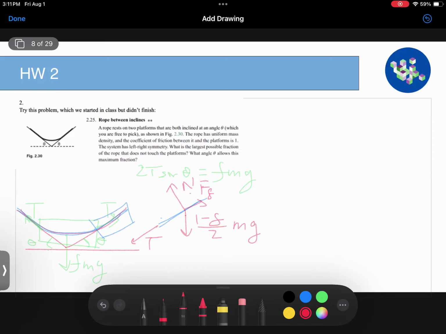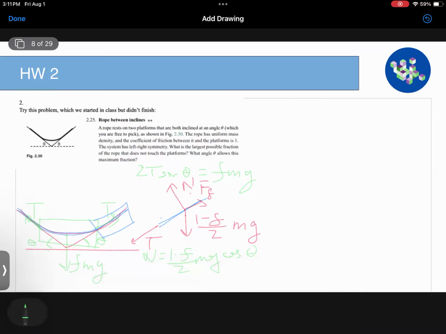If I want to do force balance here, what will our equation be? The normal force N equals (1 minus f) over 2 times mg cosine theta. And if I want to balance forces in the perpendicular direction, it'll be T plus (1 minus f) over 2 mg sine theta equals Ff, right?